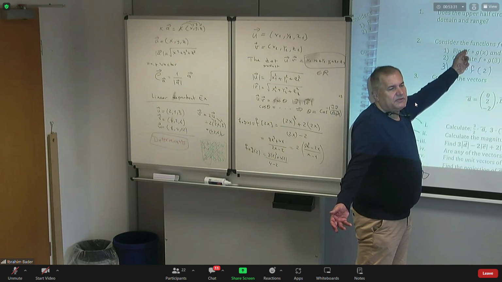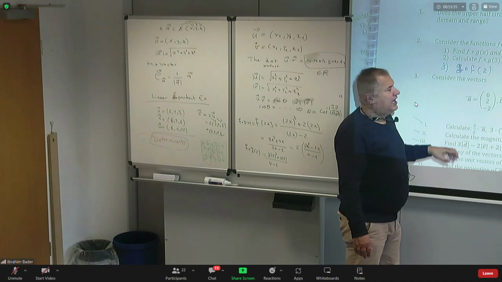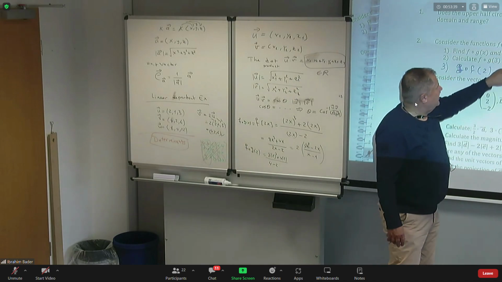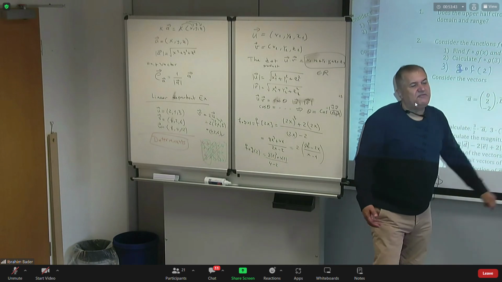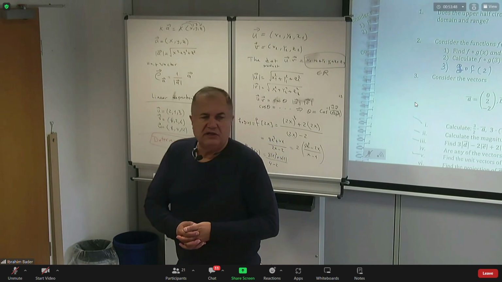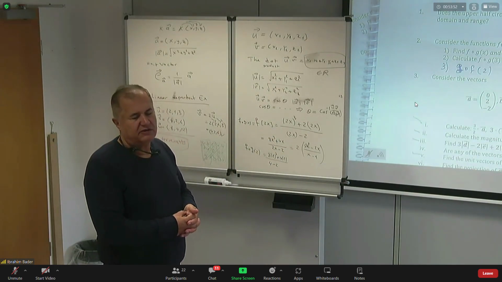You just plug in 2 here and then you are done. You plug in 3, you are done. But you have to be careful. Like in this example, you will have G of F of 2, but F of 2 is not defined. So how will you proceed there? Then the answer will be undefined. Okay?